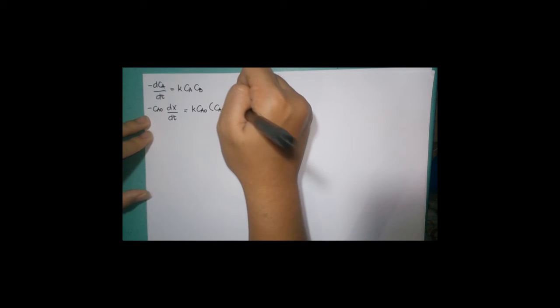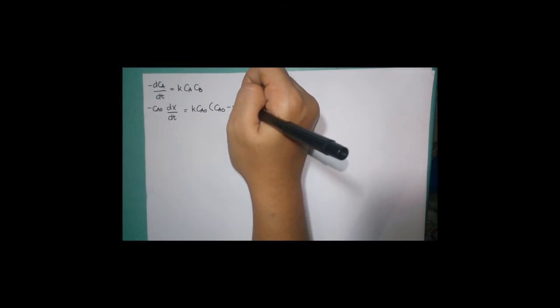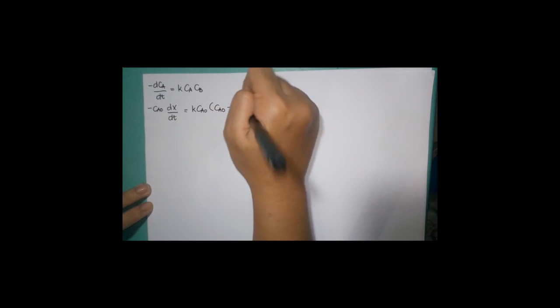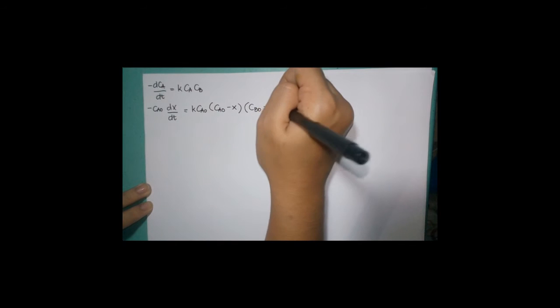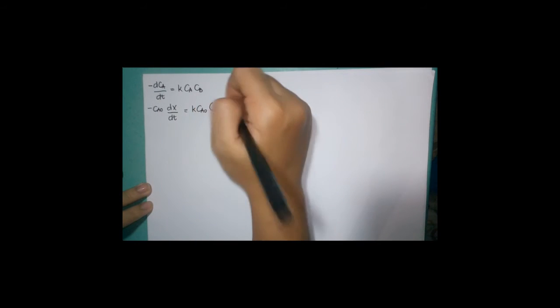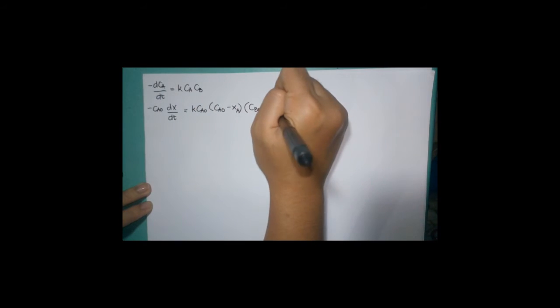This will be negative CAO dX over dt equals K CAO (CAO minus XA) over (CBO minus XB).